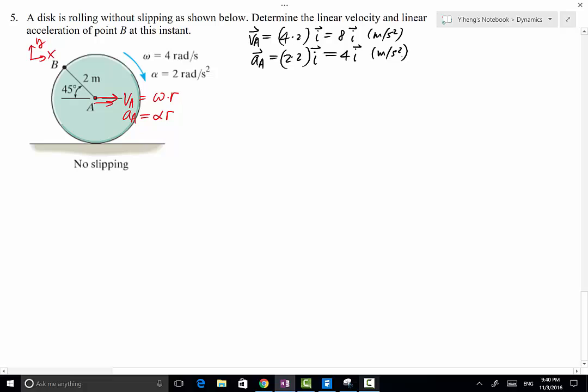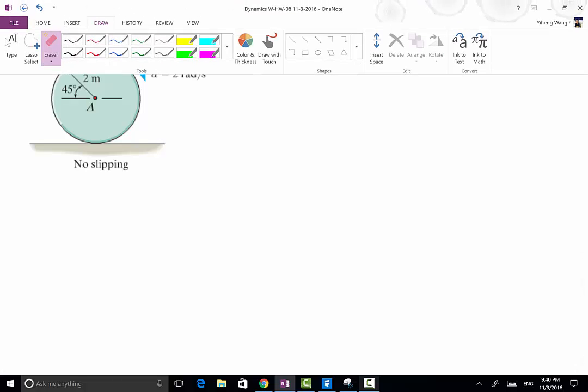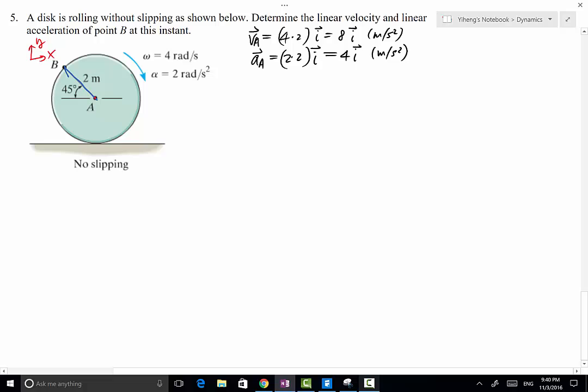With that said, now we can try to determine the linear velocity and acceleration of point B. We can find this position vector, the position vector of B relative to A. So r B relative to A will have a negative x component, negative 2 times cosine 45 degrees i, and a positive y component, 2 times sine 45 degrees j.